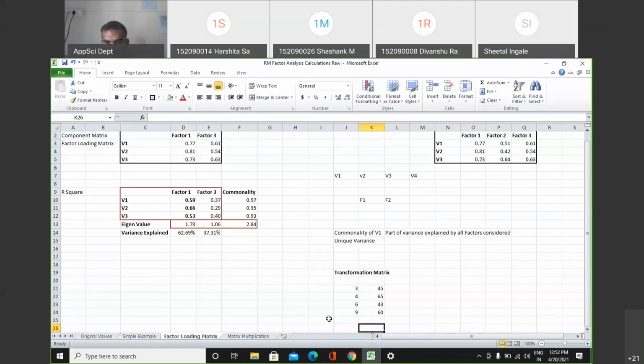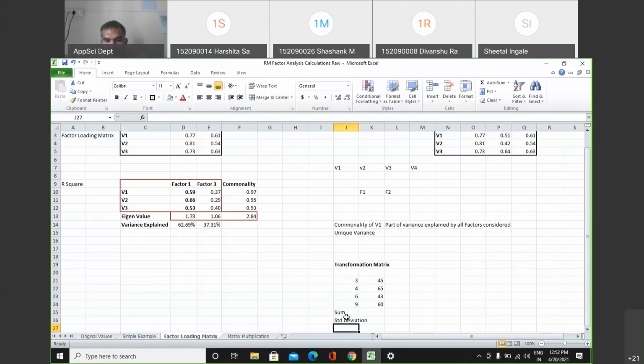So we will sum this. Standardization means we are finding out Z values. If we substitute each of these values with its Z value, we will have a sum here and a standard deviation here, for each of these, for both of these.